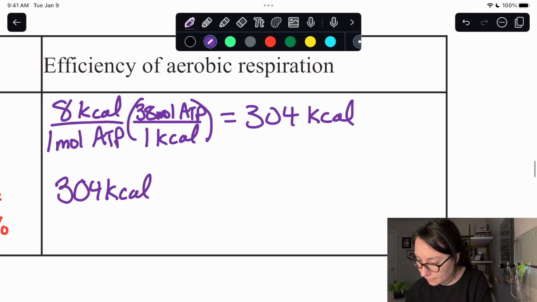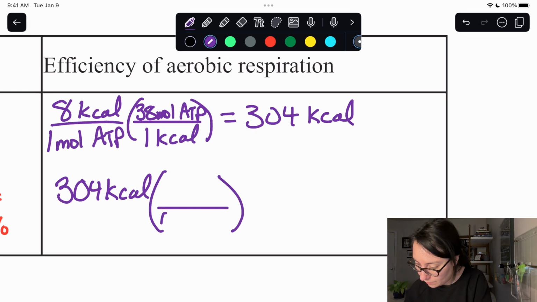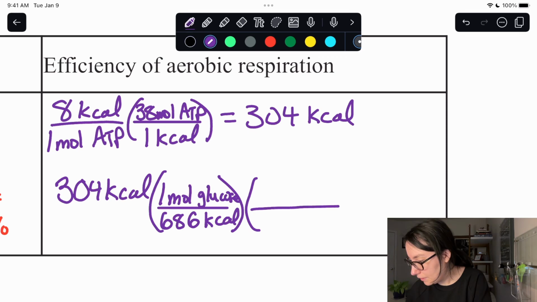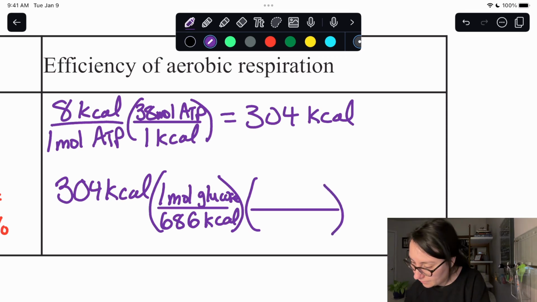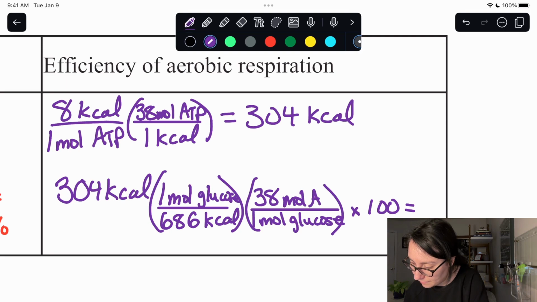And that you have down here, 686 kilocal per 1 mole glucose. And then bring this out. And then you know you're going to be timesing that by 100 to give you your percentage. So then from here, you'll go ahead and say for every 1 mole glucose, we're going to have about 38 mole ATP.